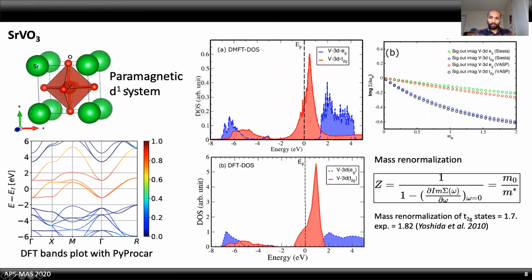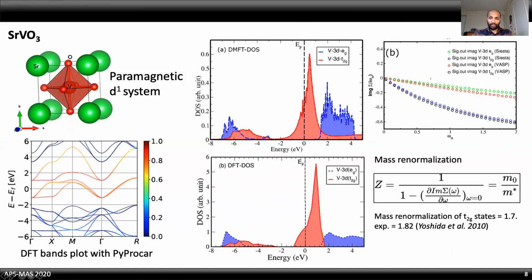Next, this is an example for strontium vanadate. Here you can see a DFT orbital projected band structure retrieved from PyProcar to see which orbitals are in the correlated subspace. And in the DMFT density of states, you can see mass renormalization effects that we can't see in DFT. And using the imaginary self-energies, we can calculate the mass renormalization, and we found it to be around 1.7 for the t2g states in this material.